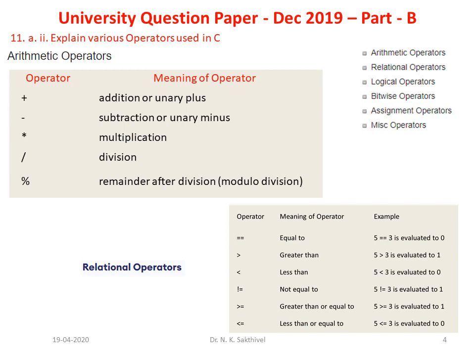The second one is the relational operator. You know very well: equal to, greater than, less than, not equal to, greater than or equal to, less than or equal to. I have given one example also.